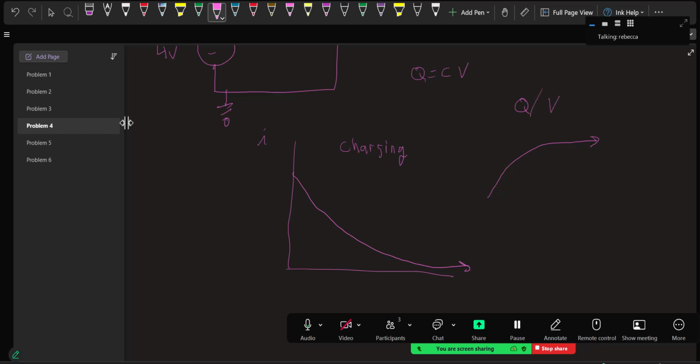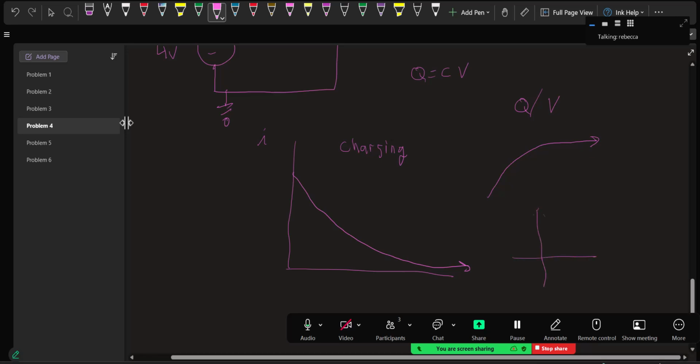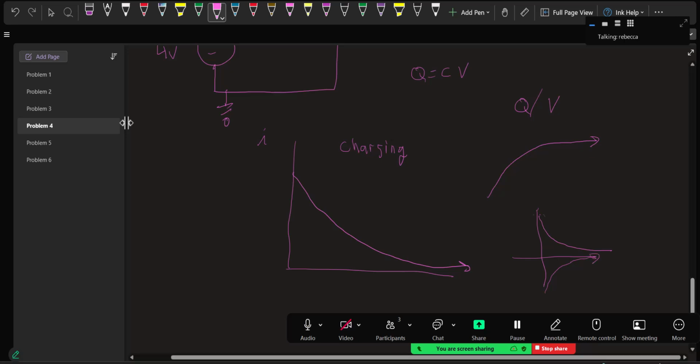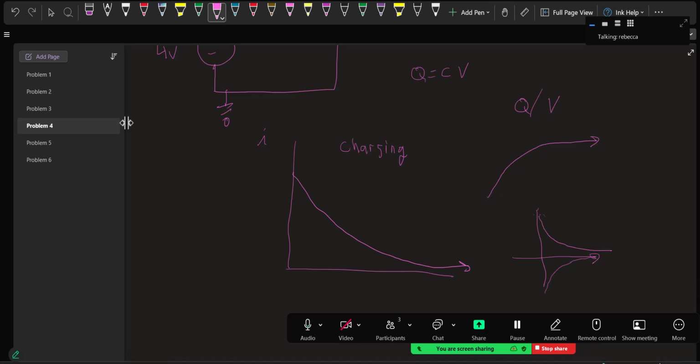And then as it discharges, the charge looks like that, and so the current would look like that, I guess. No, it doesn't do the opposite. I'm sorry. It does the upside down.